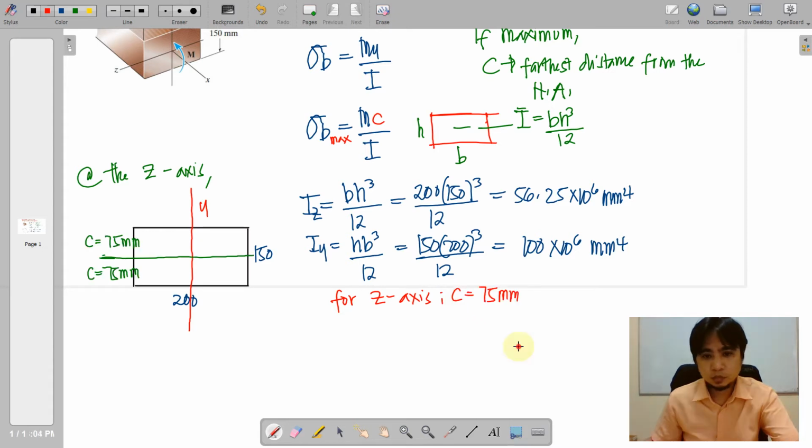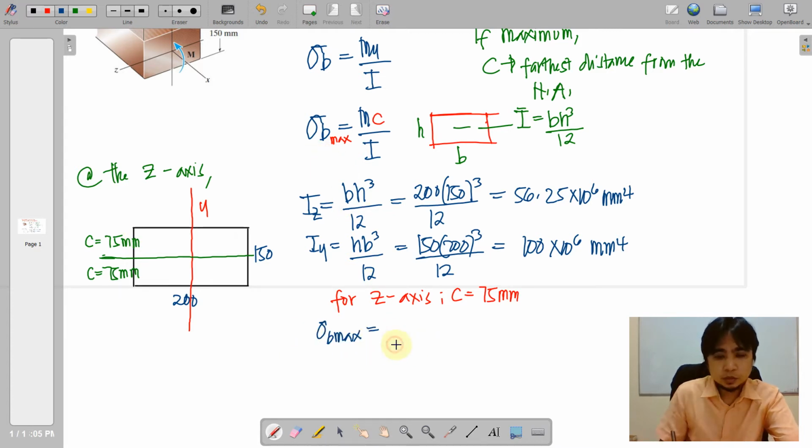We note that the farthest distance is equal to 75 millimeter, since the upright height is 150. The z-axis has this orientation. So we'll just substitute the values.